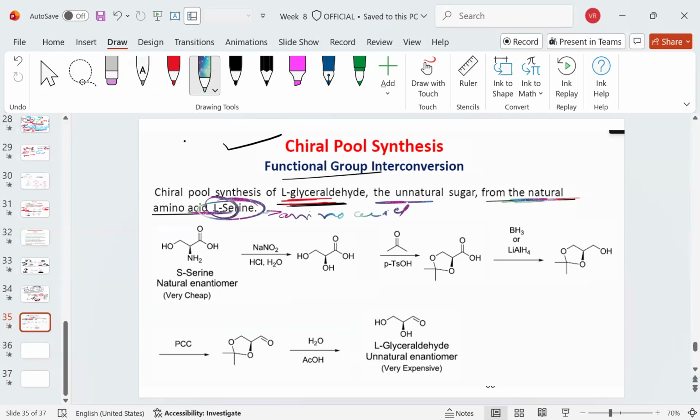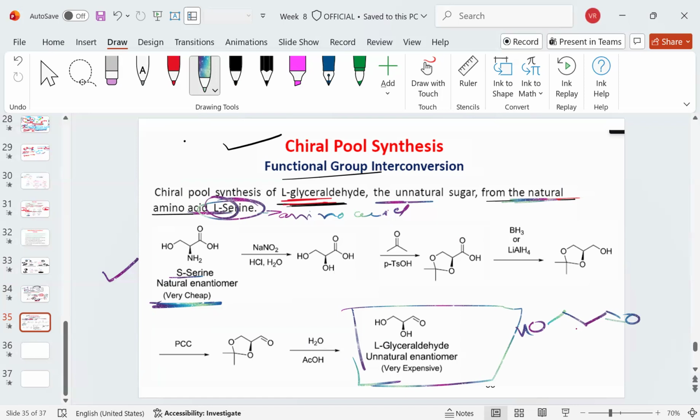Obviously, it is L. This is the L-amino acid. So this is L-serine, a natural amino acid, which is chirally pure and very cheap. Now we want to synthesize this L-glyceraldehyde. The D-glyceraldehyde is very cheap. However, the L-glyceraldehyde is very expensive. So this is very cheap.